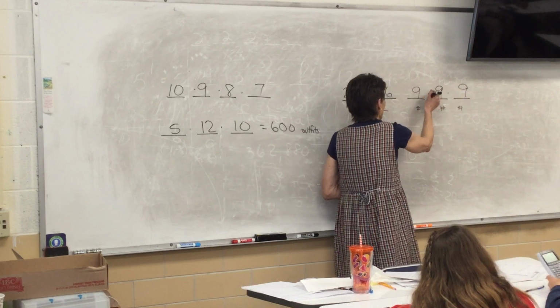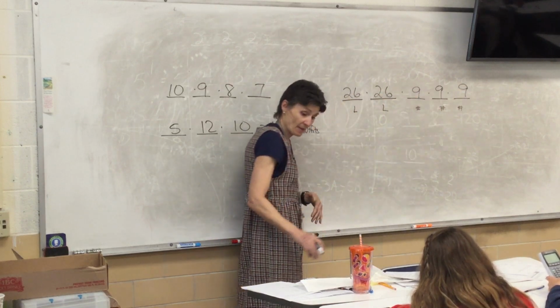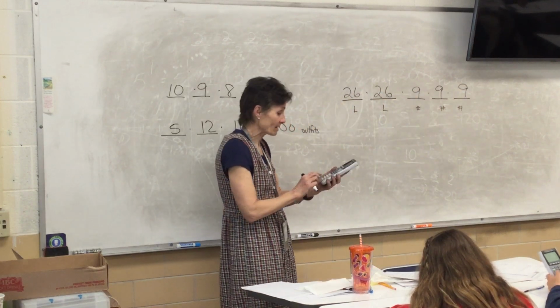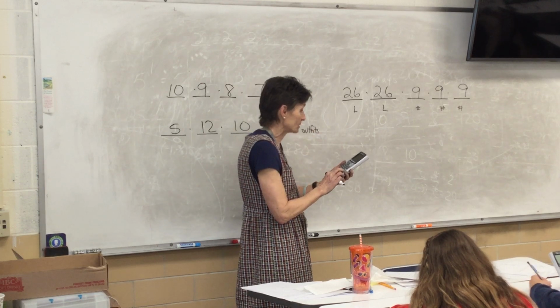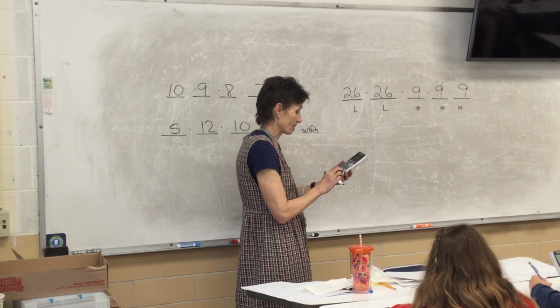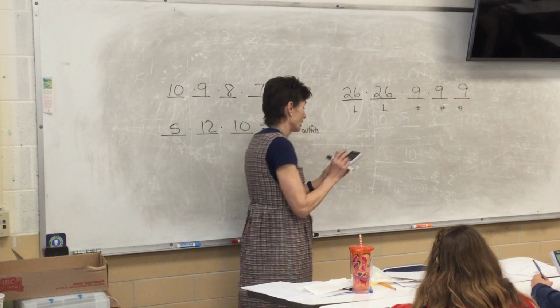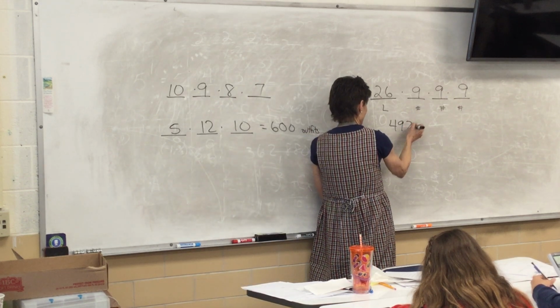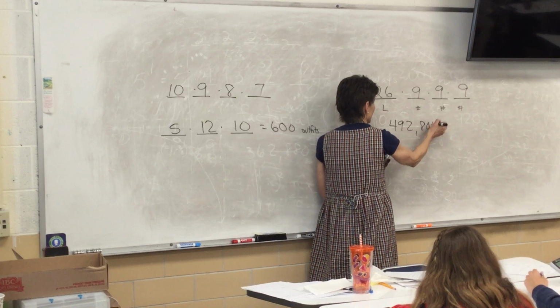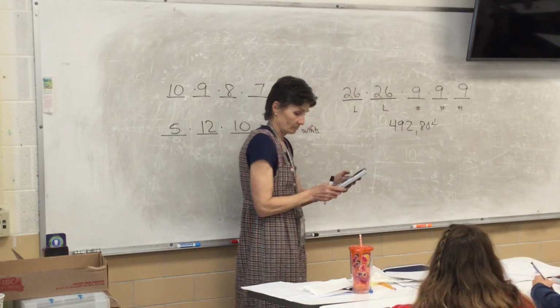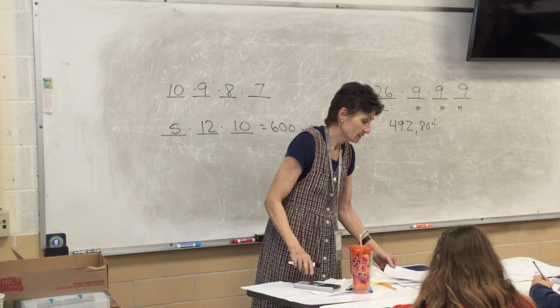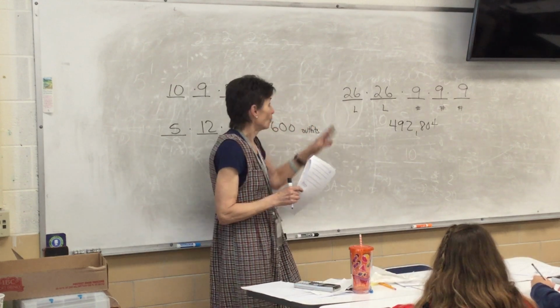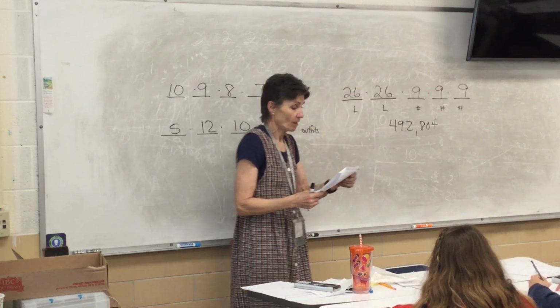I'm going to multiply all those together, and that's going to be the answer. That's not a factorial, so you're going to have to multiply it. I got 492,804 different license plates with this structure.